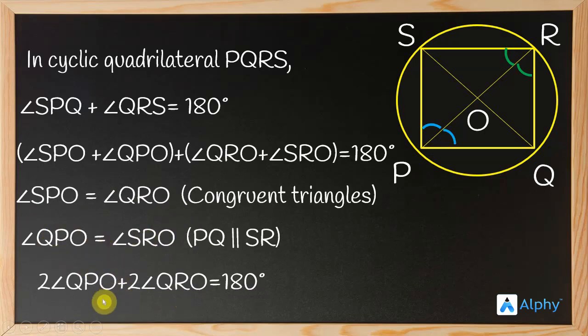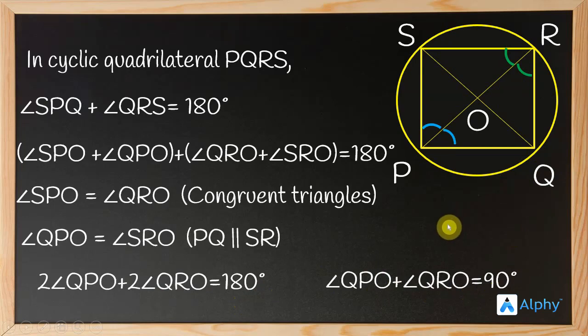So here we get 2 times these two, the whole equation: 2 times angle QPO plus 2 times angle QRO is equal to 180 degrees. And when we simplify it, we get angle QPO plus angle QRO is equal to 90 degrees. So the sum of QRO and QPO is 90 degrees.